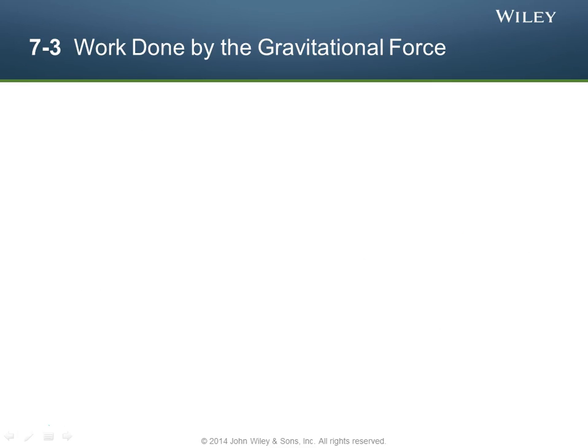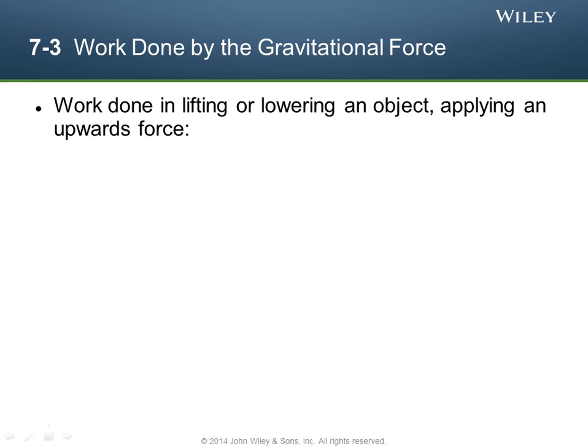So this means that the work done in lifting or lowering an object while applying an upward force. So if we're applying a force to the object, gravity is also applying a force, then the change in kinetic energy, which is the final minus the initial, is going to equal the work done by the force that we apply plus the work done by gravity.